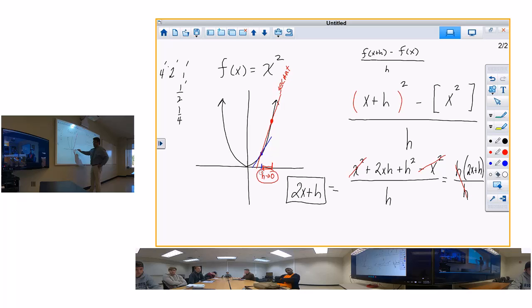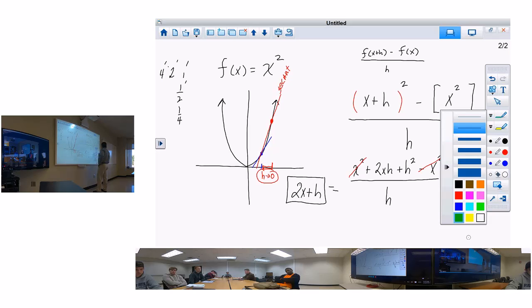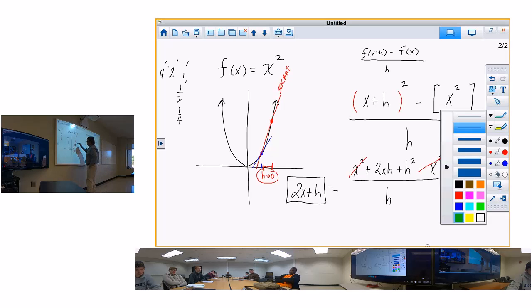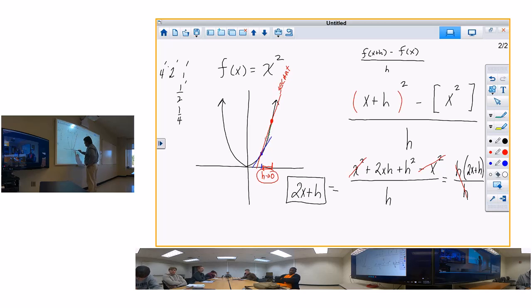Now, as I converge onto that blue point, this blue line, this red line, let me get a green line here. As this comes down, and this comes down, as this red line gets within a hair of that blue dot, this secant line becomes what?